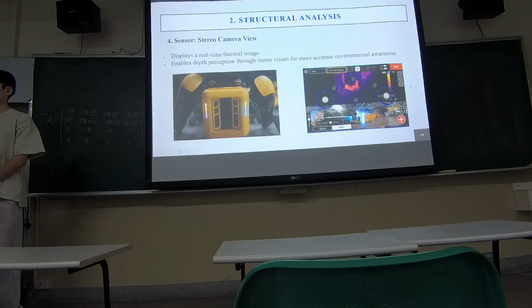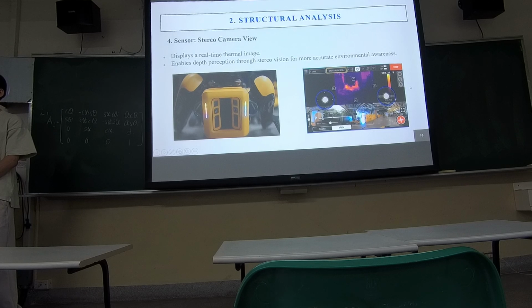And it can also display the real-time thermal image in the controller, like the right-hand side picture. This allows the robot to detect obstacles in its path and calculate the distance to different objects. Stereo cameras are useful when the robot needs to step over or around obstacles.